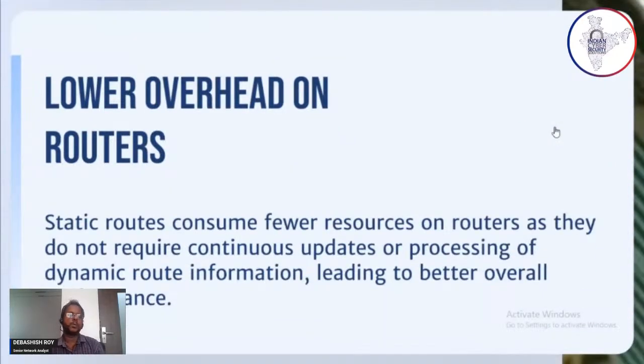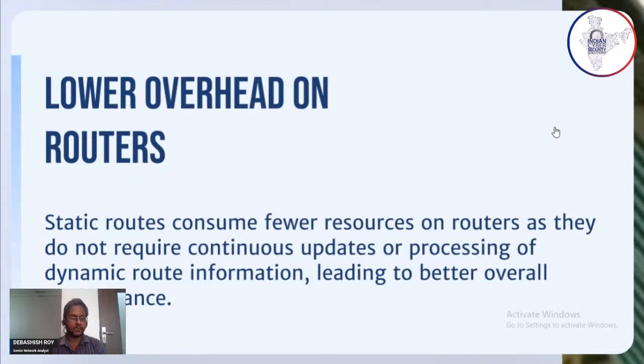Then it has lower overhead on routers, meaning lower CPU utilization. In static routing, the route is entirely configured, so the routers don't need to process much, because the entire route from the source to destination is already there. So the router has to send the packet through that route.